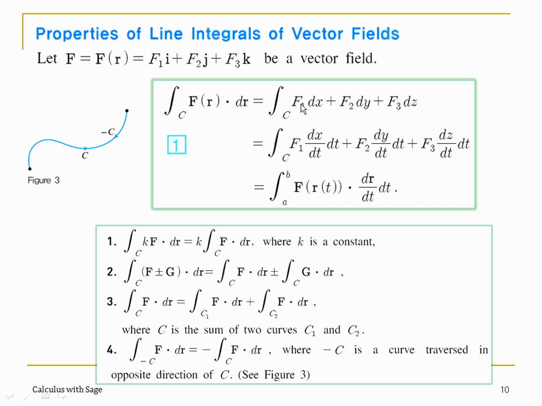Anyway, this can be written as what? This f of r, f · dr, can be written in this way, and dx can be written as dx/dt times dt, and dy as dy/dt times dt. So this can be written as f of r(t) times dr/dt times dt.